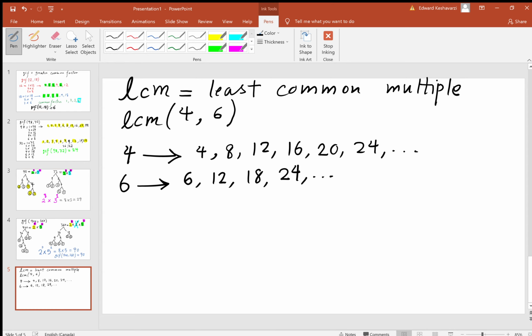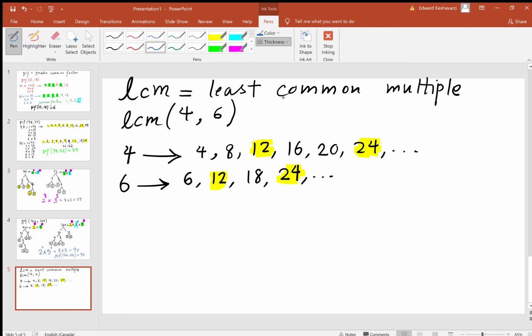As you see, we have infinitely many multiples for any number. So unlike the factors that we have a finite number of, the number of multiples never stops and it goes forever. This is why we have infinitely many common multiples. For example, common multiples, I'm going to mark them here, 12 and then 24.